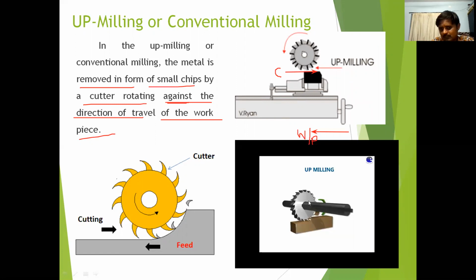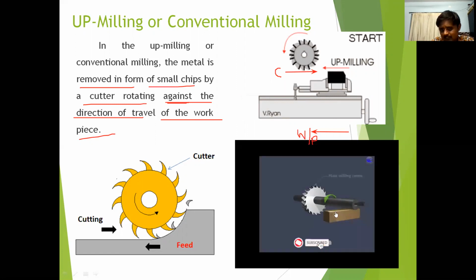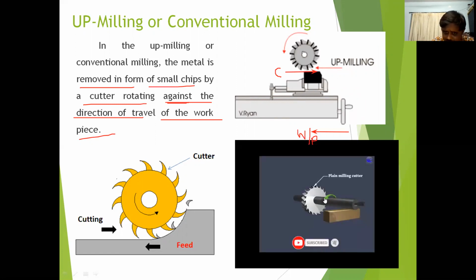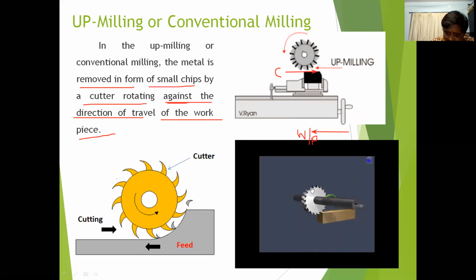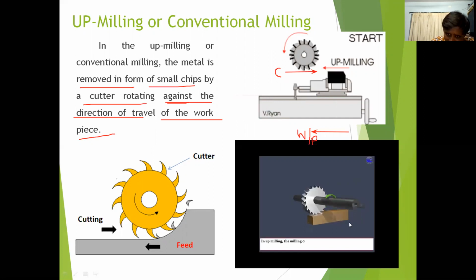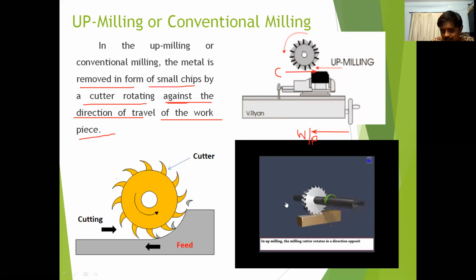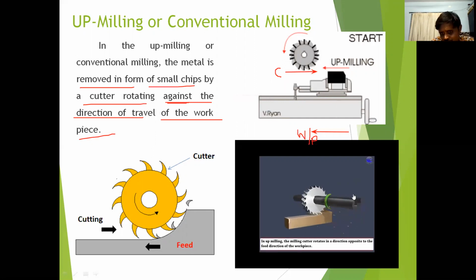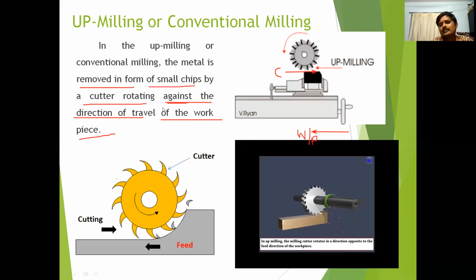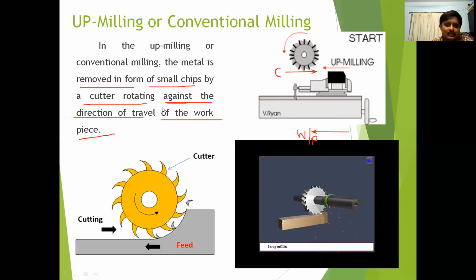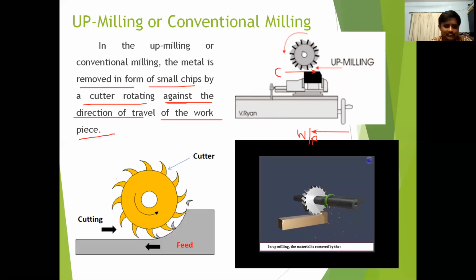Now you can observe, this is a milling cutter and this is the workpiece. The cutter will rotate in this direction, and the workpiece is going to be moving in this direction. So here the directions of the cutter and the work table are opposite to each other.